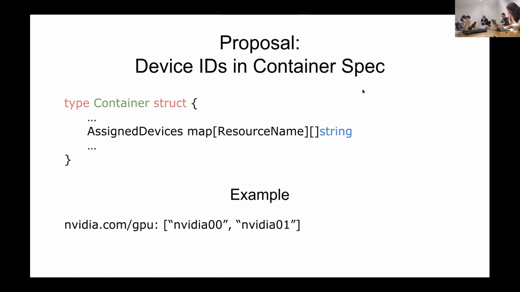I'll go into how this can be populated later, but for the moment assume that the kubelet is able to populate these devices before it runs the pod, so that what we end up with is a scheduling decision made by the kubelet prior to the pod running that is observable by other Kubernetes components and that is permanent.